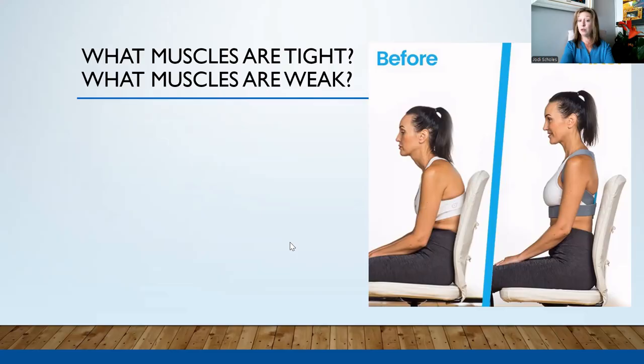Scapulas are rolling forward. Scapulas aren't muscles. What muscles are back there? What muscles help those scapulas to come back? We want those scapulas in the after picture, in the nice posture picture. Those scapulas have been retracted, right? What muscles are retracting the scapulas?